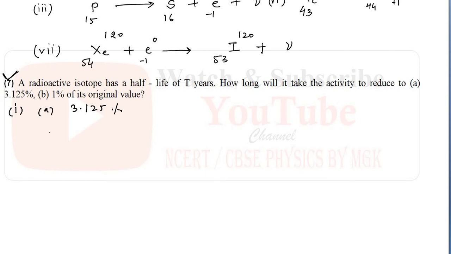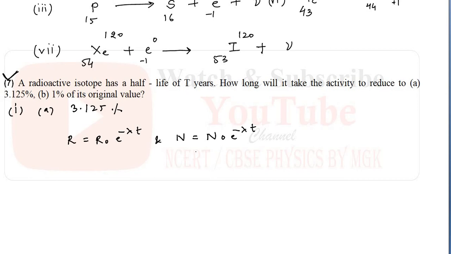Okay, so we know that activity is R equal to R naught e raised to minus lambda t. Also, the number of atoms remaining is given by N equal to N naught e raised to minus lambda t.